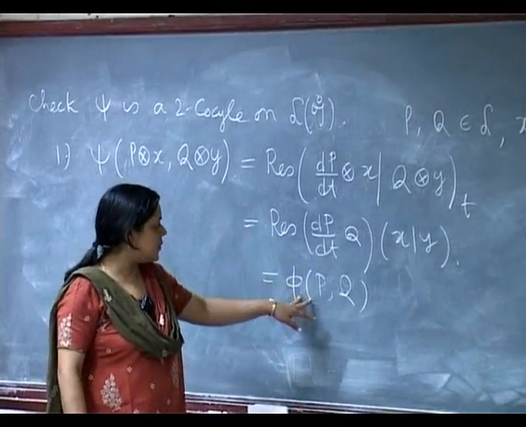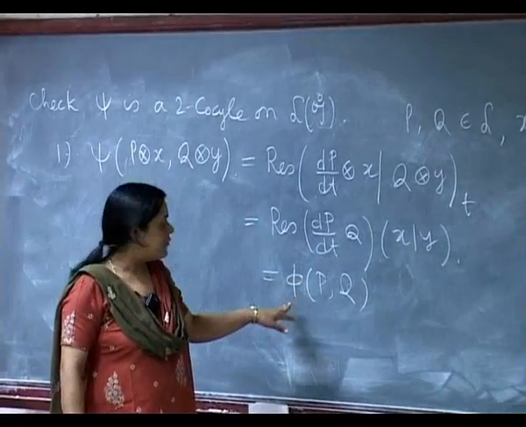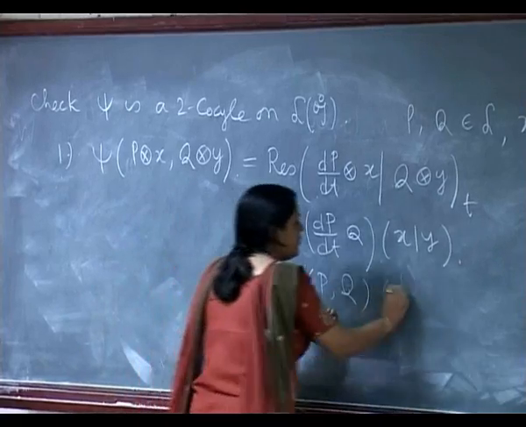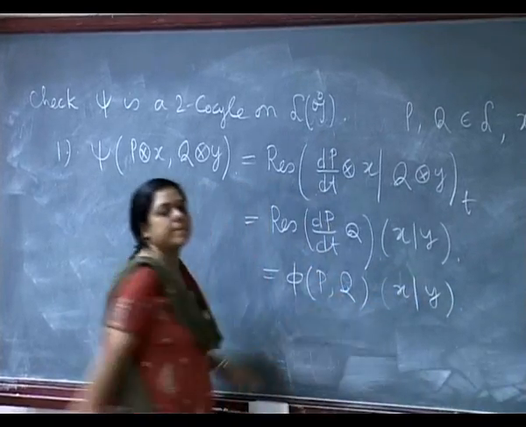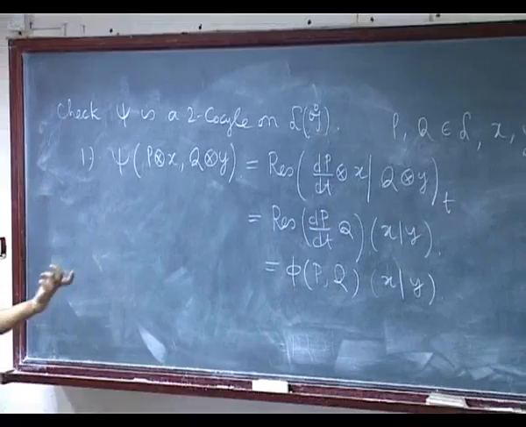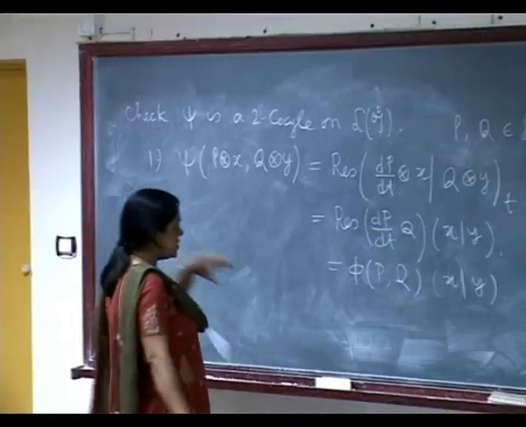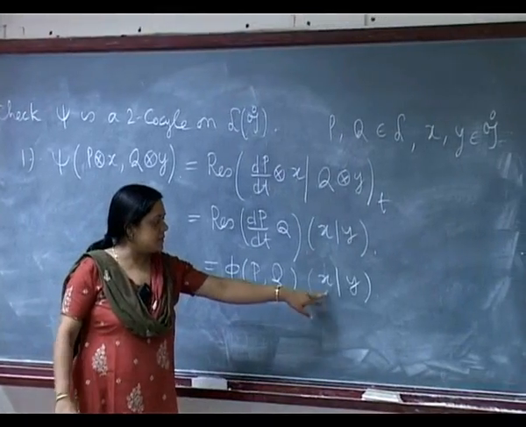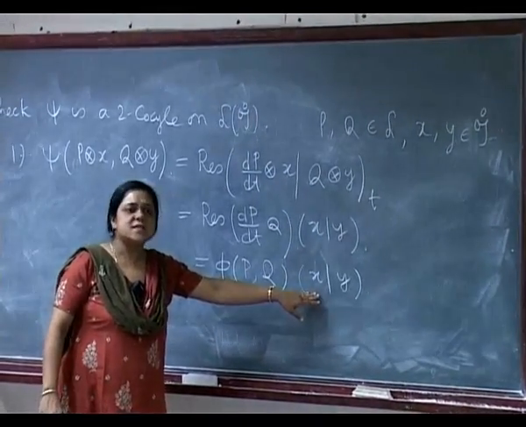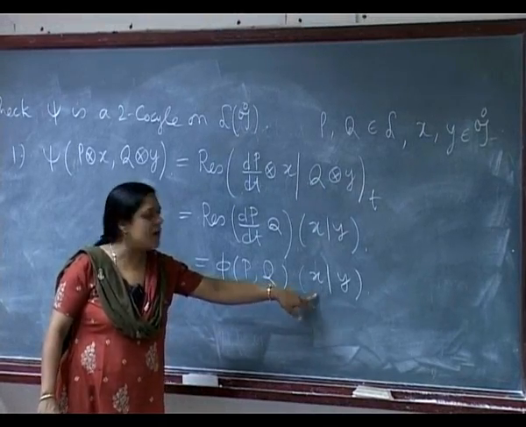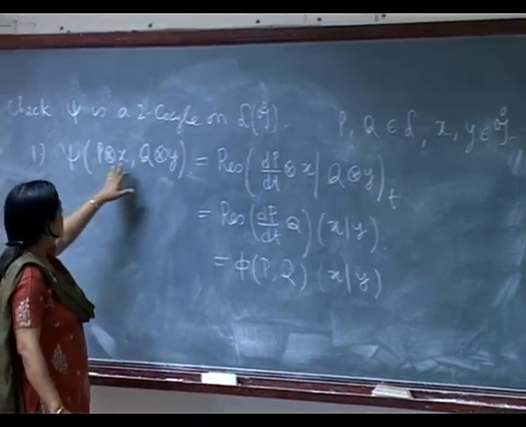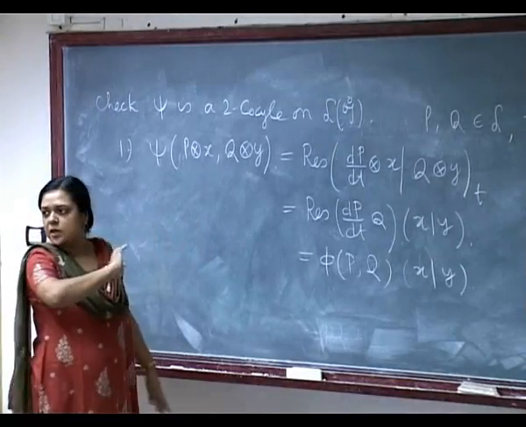And what properties does this phi satisfy? Phi of PQ is minus phi of QP. Because of that, and this is a symmetric bilinear form, the first property is okay, isn't it?